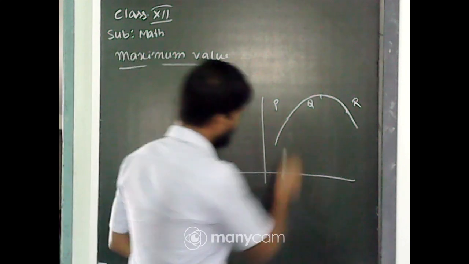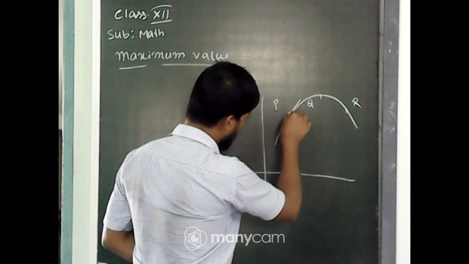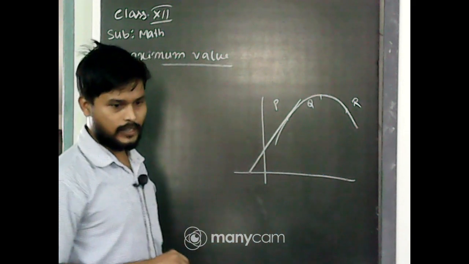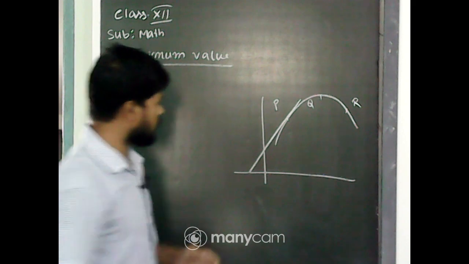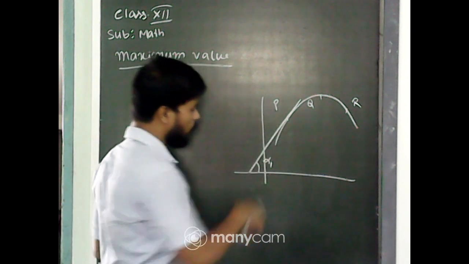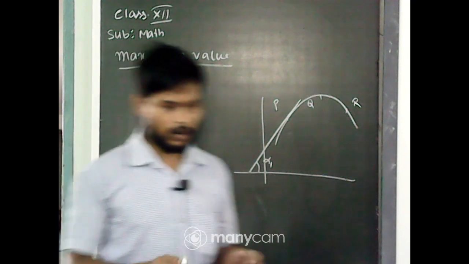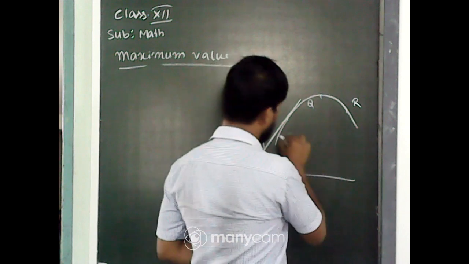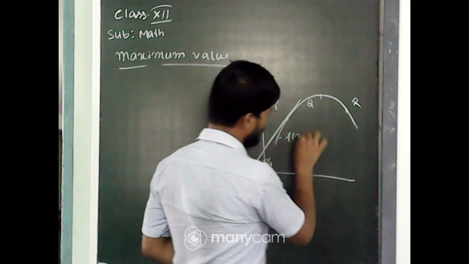Now look, if I draw a tangent at the point P, and we consider that this tangent makes an angle, suppose alpha 1, with the positive direction of the x axis. And the equation of the curve is y equal to f of x.